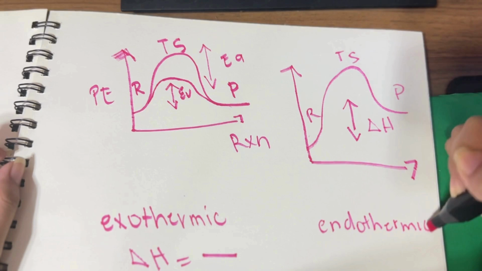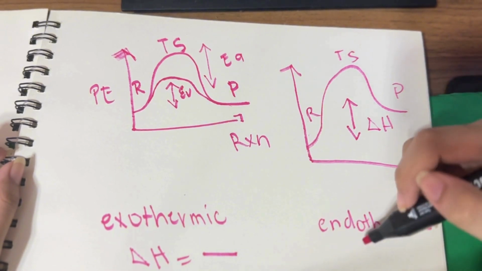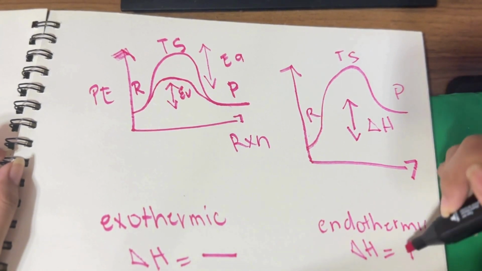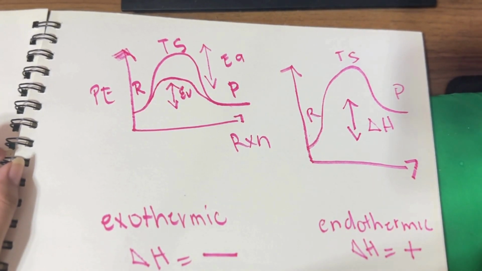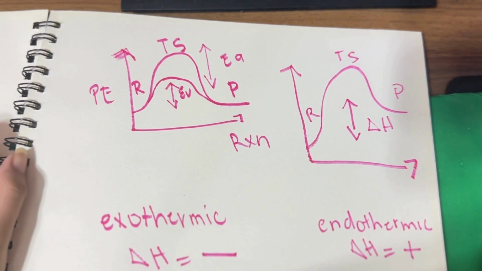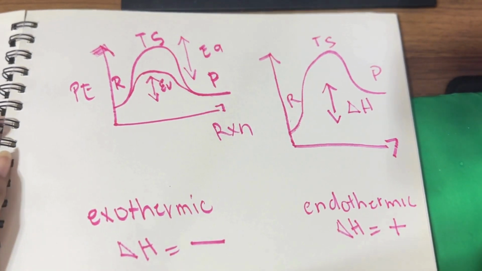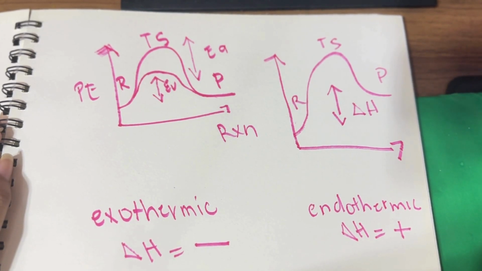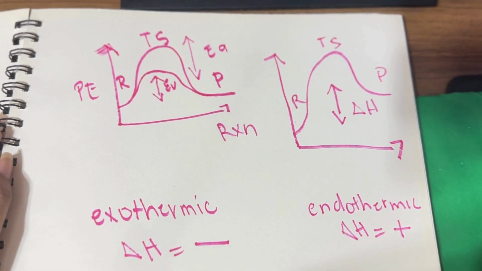If you take a large number and subtract a small number, you're going to get a positive result, for example, 10 minus 4 is plus 6. On the other hand, if you take a small number and subtract a large number, you're going to get a negative result, like 3 minus 7 is negative 4.